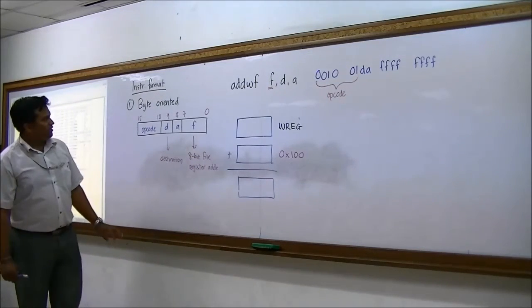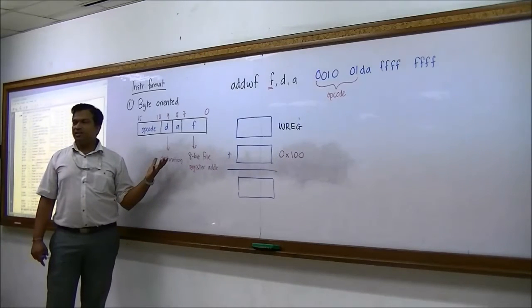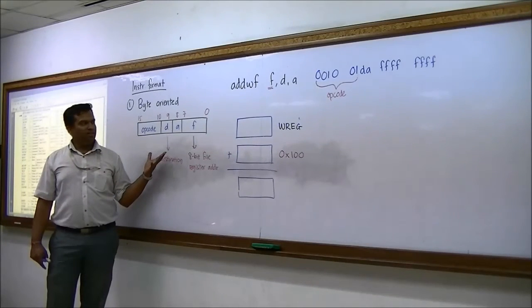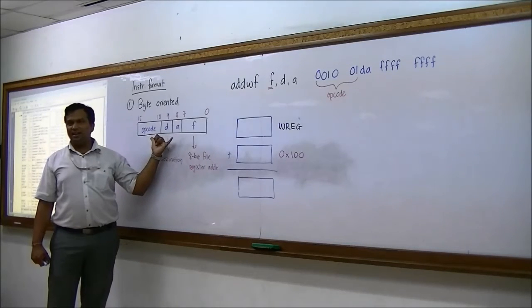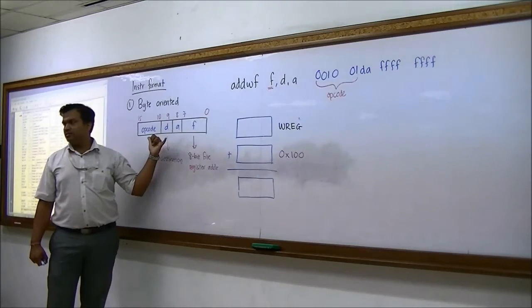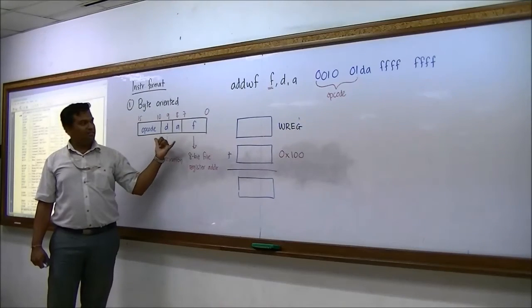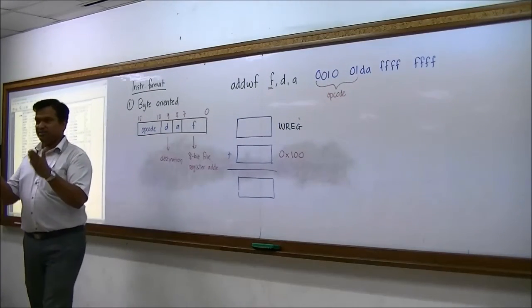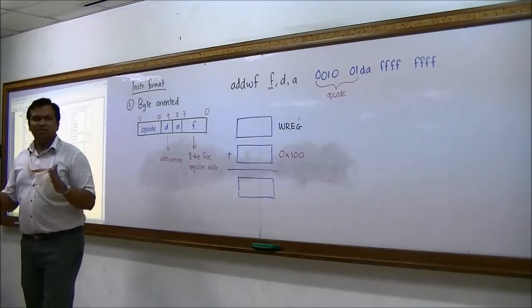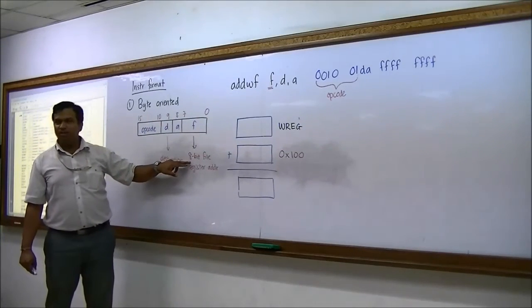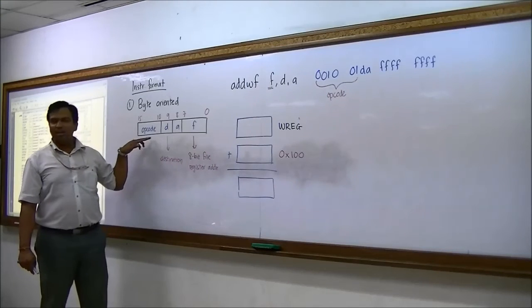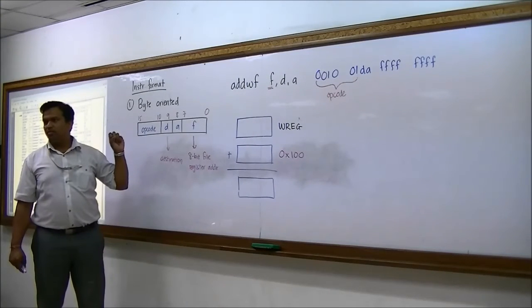Now, why have the engineers designed it this way? Is it because they want to keep one instruction length at 16? Just now you saw that one instruction is 16 bits. If from the 16 you allow this to be 12 bits, how many more bits are left? 4.